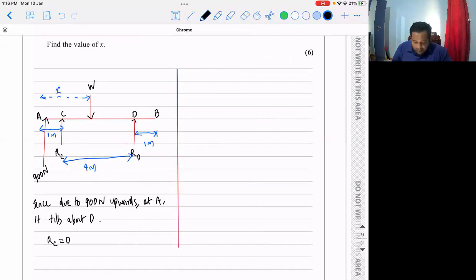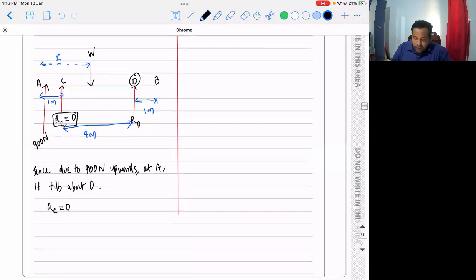So due to that reason, we can instantly put RC as 0. If this is tilting about D, RC becomes 0. This is very important. This we learned in force and moments in mechanics. If you are considering a point D, if you are tilting, the other support reaction we have to consider as 0. So we can go for the equilibrium equation.